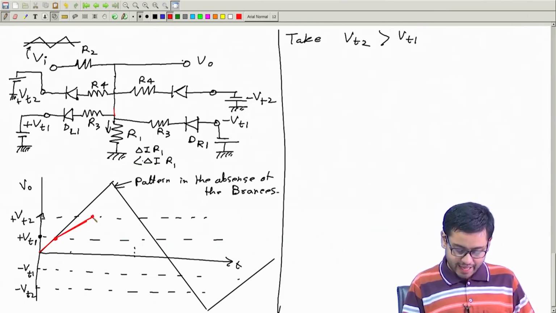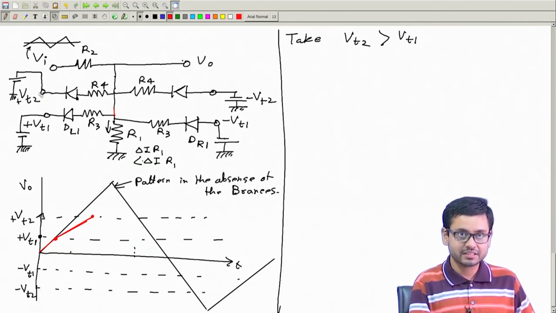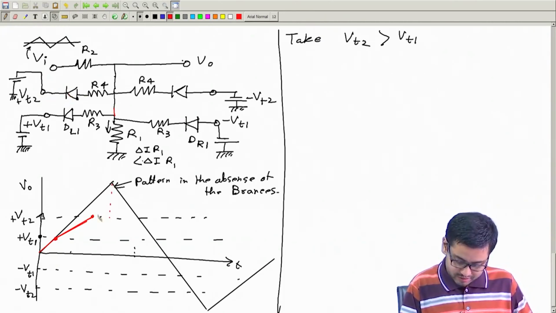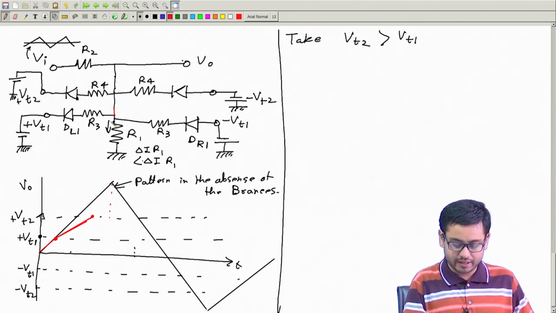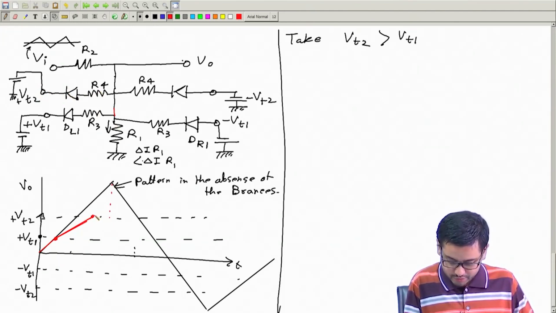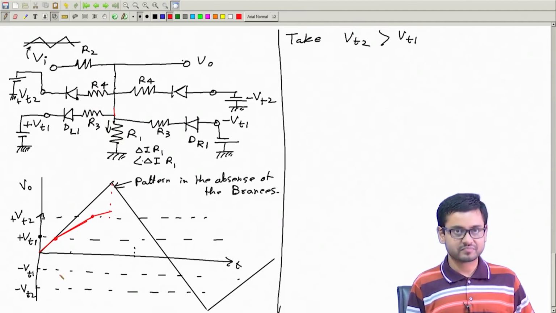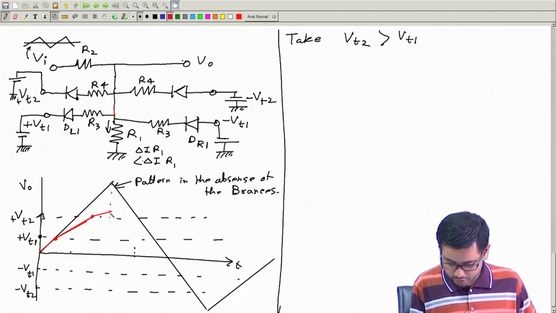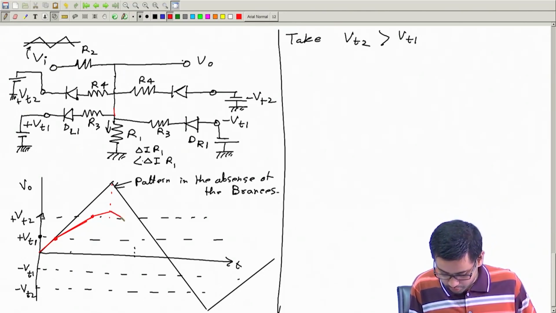And at this moment, this potential will be even higher than this, so this diode will also be on. So these two are in parallel with this, and the effective resistance here is much lower. So then this will go up even more slowly. And now, when the input comes down, we will have a similar opposite pattern.